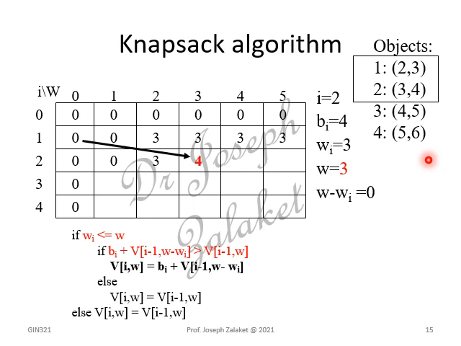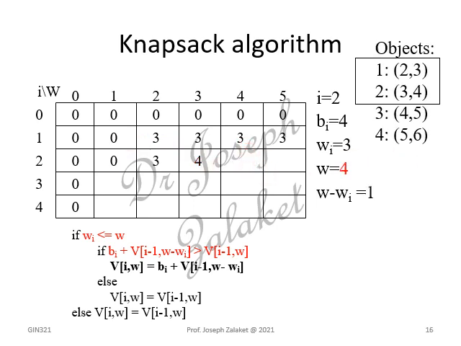Same thing for W equal 4 now. 4 minus 3 equal to 1. 0 plus 4 is greater, so we will put also 4 here. What about W equal 5? 5 minus 3 is equal to 2. What do we have in 2? We have a benefit which is equal to 3.